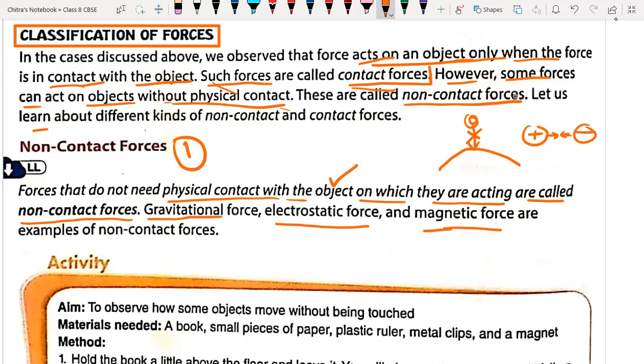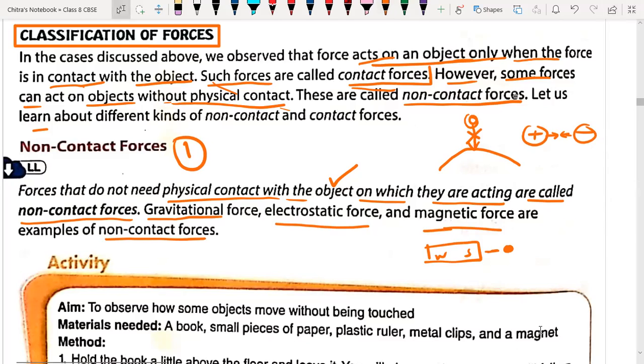Here we have a magnet, north and south, and here a magnetic object like iron or another magnet. They have no contact between them, but still they attract each other. That means magnetic force is also an example of a non-contact force. Very important: non-contact force examples are gravitational, electrostatic and magnetic force.